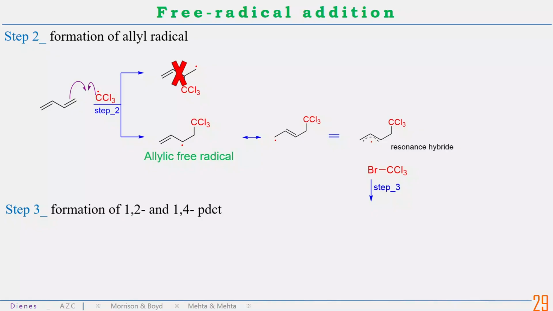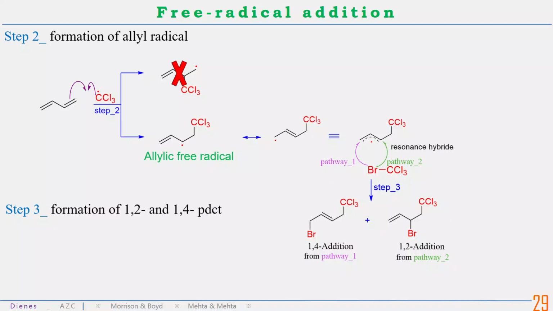Attack of bromine on the carbon radical. Due to the resonance, the radical is distributed at both carbon 1 and 3. If bromine attacks carbon 1, this gives the 1,4 addition product. And if bromine attacks carbon 3, this gives the 1,2 addition product.